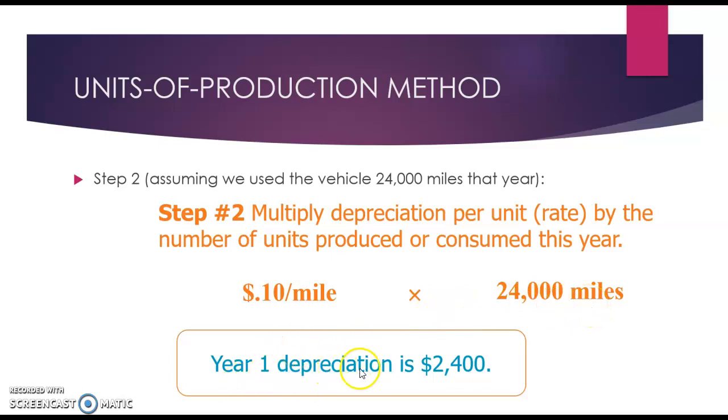And so year one depreciation is $2,400. That's more than straight line, which was $2,250. It's less than double declining balance, which was $5,000. But it more accurately reflects the actual amount that we used that vehicle that particular year.